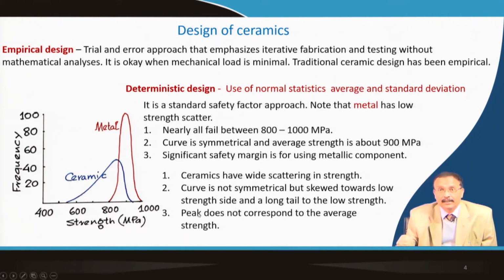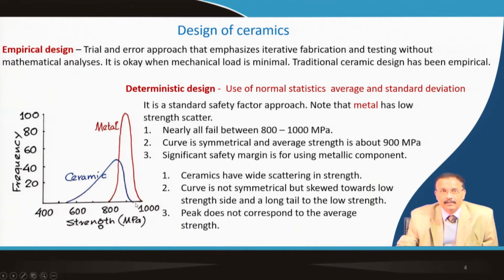So, if you compare a metal part and a ceramic part, in case of a metal part, this kind of variation in the strength is very limited. You see that between 800 to 1000 with a symmetric kind of plot you will be getting, and the maximum strength of the samples will be around 900. So, you can safely average it out.